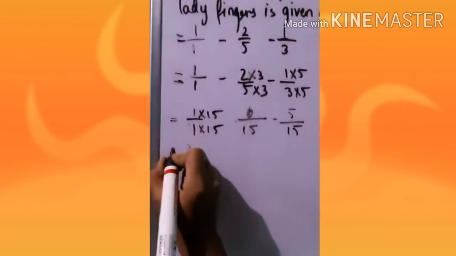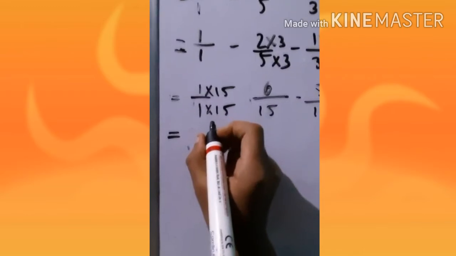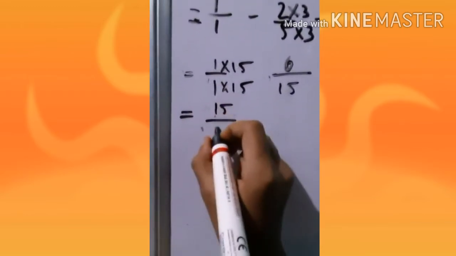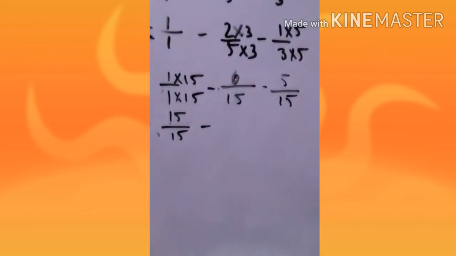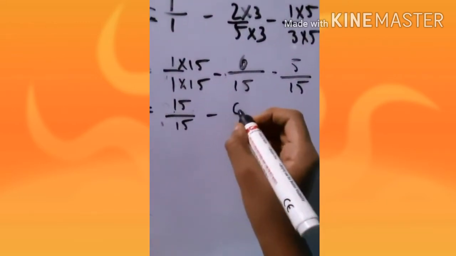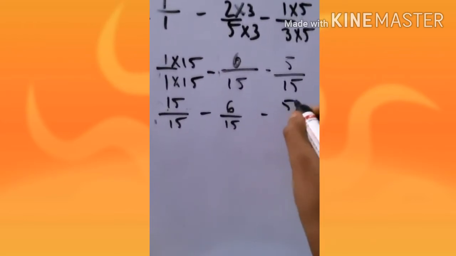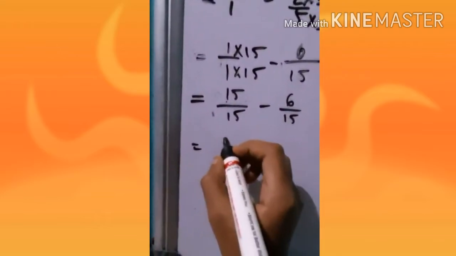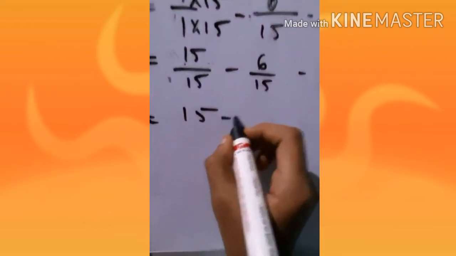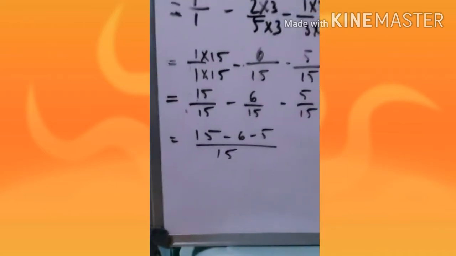Okay, which equals 15 upon 15 minus 6 upon 15 minus 5 upon 15, which equals 15 minus 6 minus 5 upon 15.